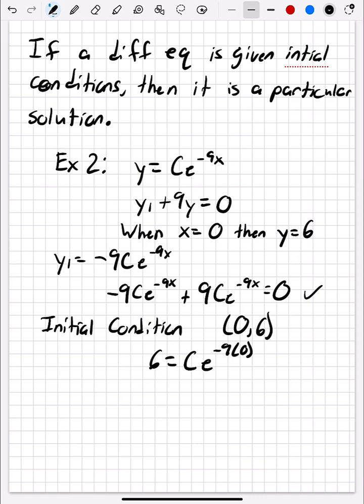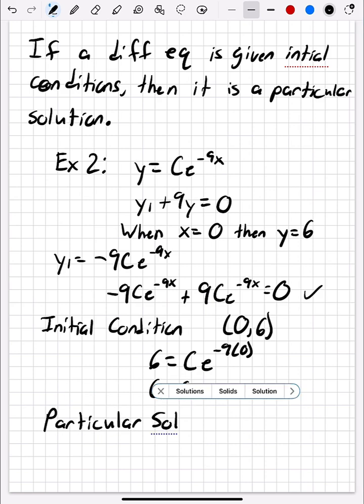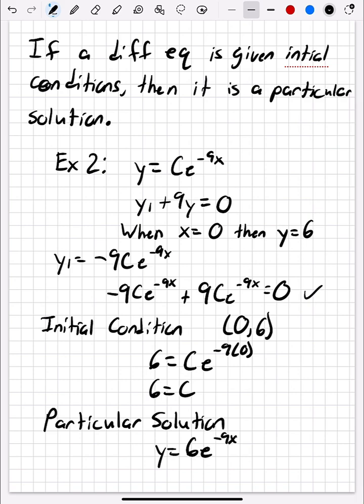All right. Which, as you can see, is just e to the 0, which is 1. So 6 equals c. So my particular solution, to satisfy those conditions, would be y equals 6e to the negative 9x. Okay, and so that would be the particular solution.